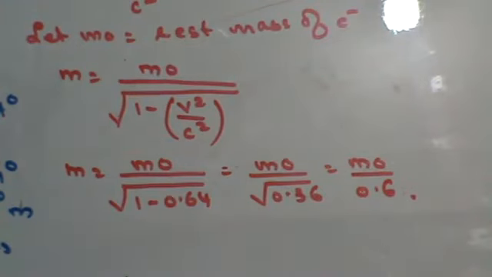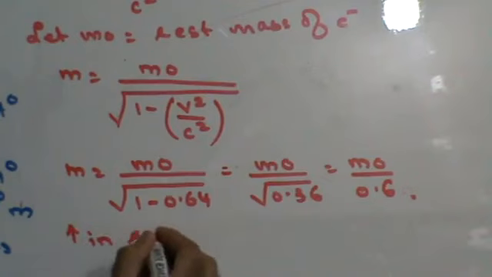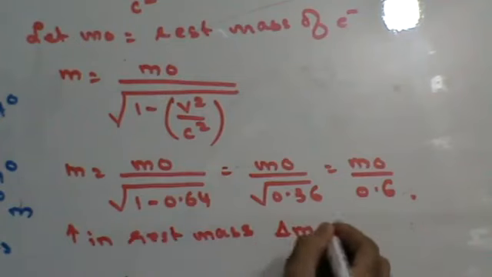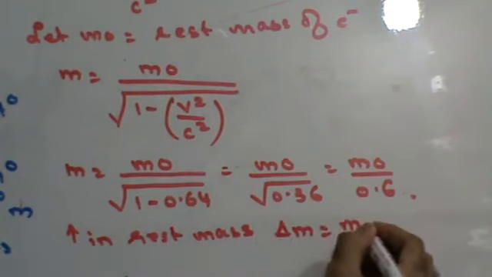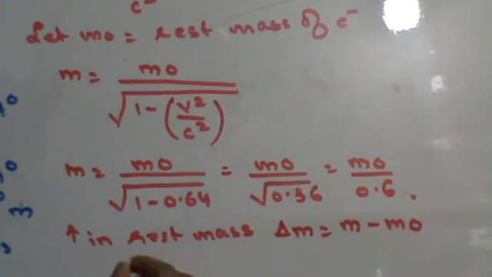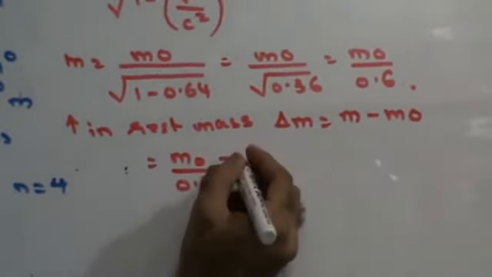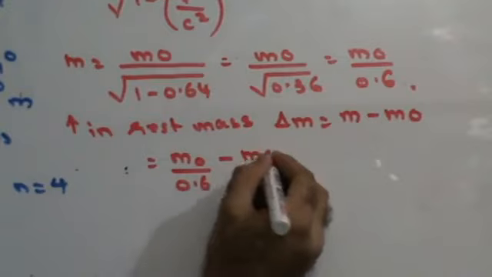So in that case, what will be the increase in rest mass? Increase in rest mass, that's your delta m, will be mass when it is moving minus the rest mass. So m we found out is m0 upon 0.6 minus m0.